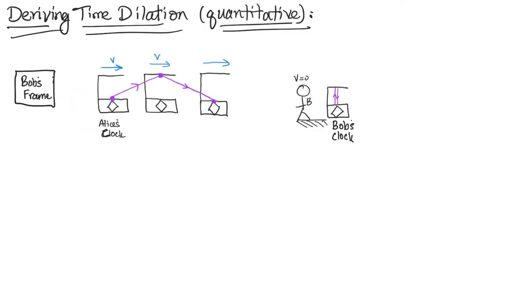Okay, so I've copied over the diagram from the previous page showing the purple trajectories, the triangular shape for Alice's clock moving through Bob's frame, and the up-down shape for Bob's clock in his own frame. So I'll redraw that big purple triangle shape a little bit bigger so that we can annotate it.